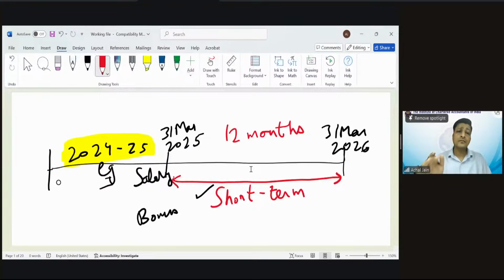For this reporting year, we need to find out which benefits will be recorded in the financial statements of 24-25. So when we say short-term benefit is payable within 12 months, even though the amount is payable after the balance sheet date, when do you record it? You will record it in the reporting year. So that's why we are considering it.